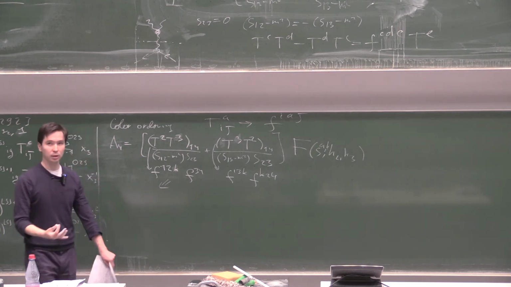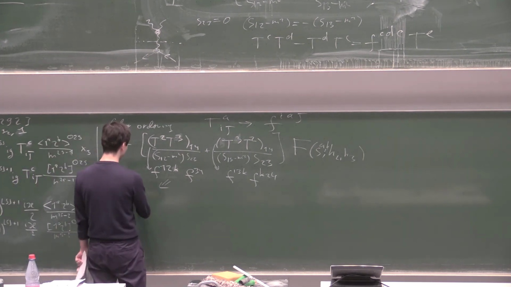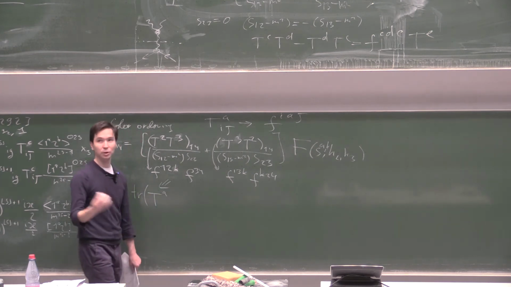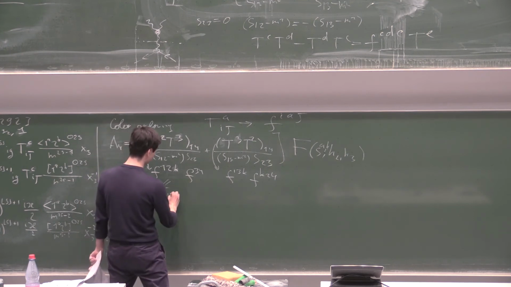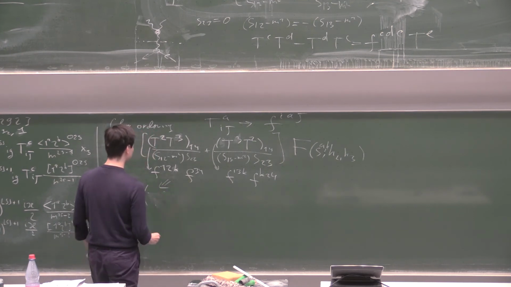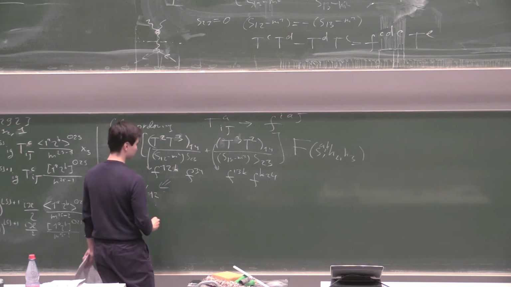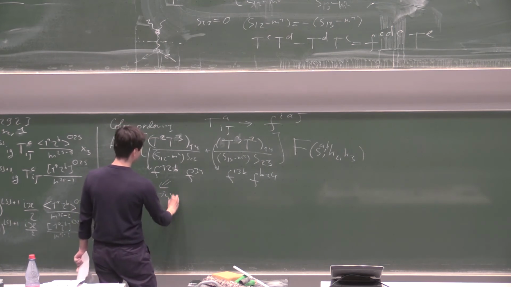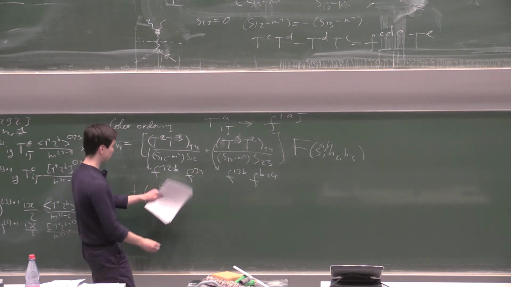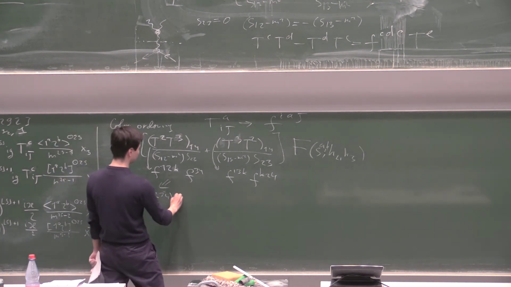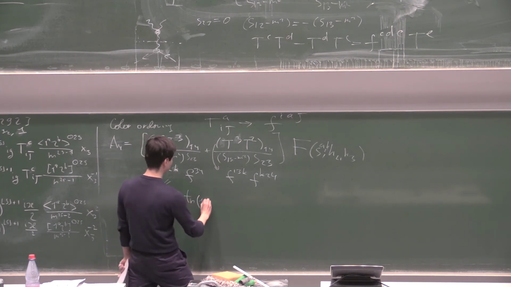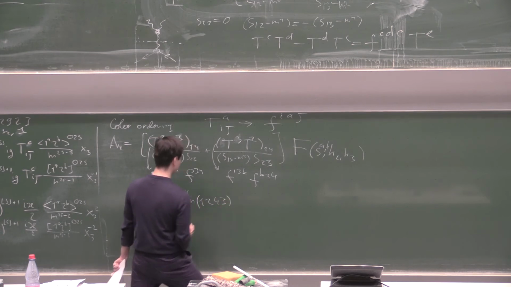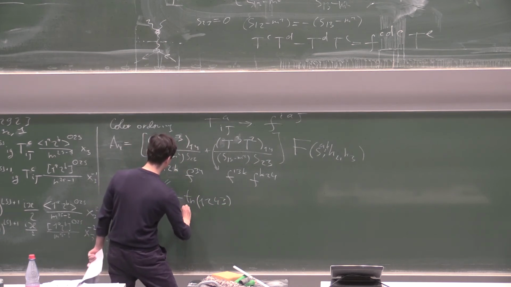Once I'm in the adjoint, I can expand them in fundamental traces, and that's something that is covered very well in Lance's lecture notes from way back. I don't know a better reference for that, and I'm sure you have seen that. So these combinations of structure constants can be expanded into traces like this, plus reverse.